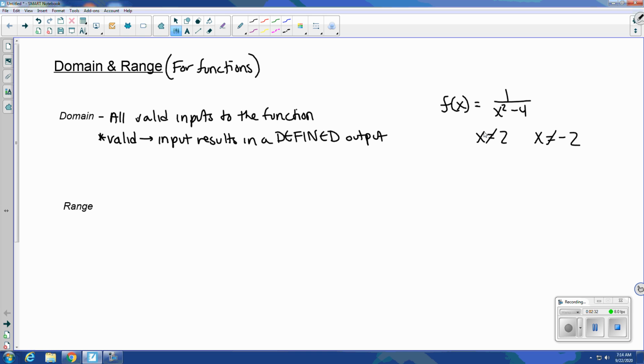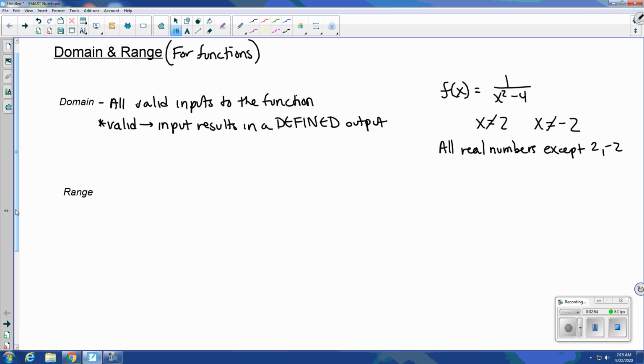And therefore my domain would be all real numbers except 2 and negative 2. I'm allowed to plug in anything except 2 and negative 2, because they result in undefined outputs, and therefore they're not part of our valid input interval. Now, what are the outputs that result from these inputs?